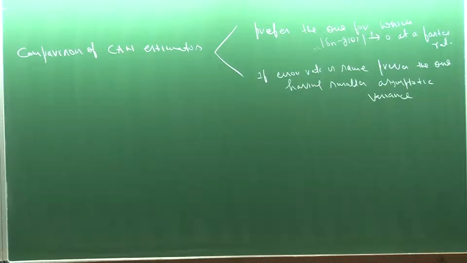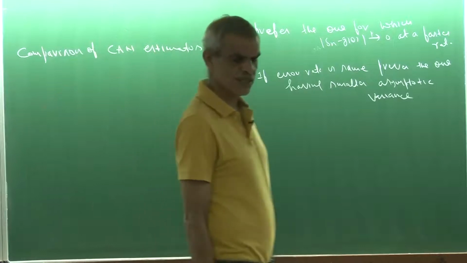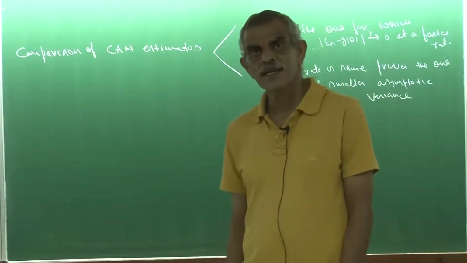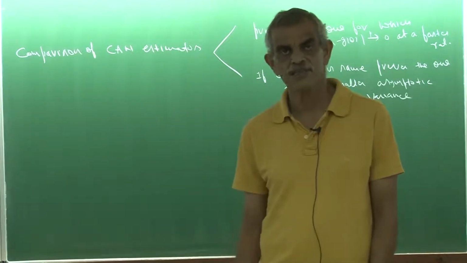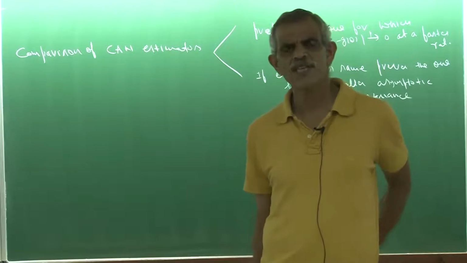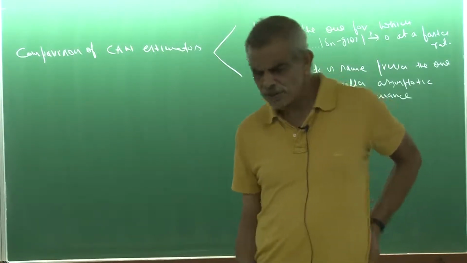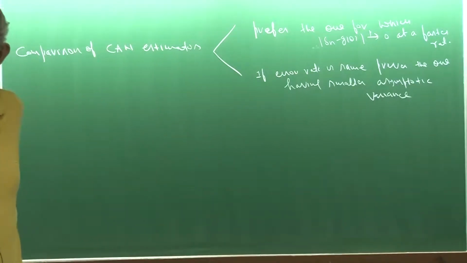So now the question is, I need to find out what is the asymptotic variance in certain situations. Now if you recall your last course, you talked about the Cramer-Rao lower bound. Cramer-Rao lower bound gives you the lower bound on the variance of all unbiased estimators. Now here, asymptotically, you would expect all reasonable estimators to be unbiased. So it looks like the Cramer-Rao bound could be of some use over here.